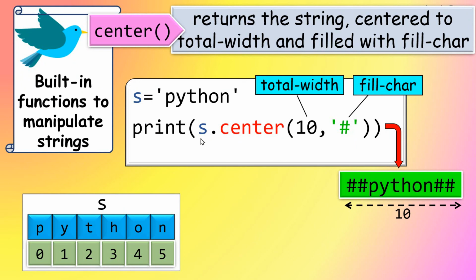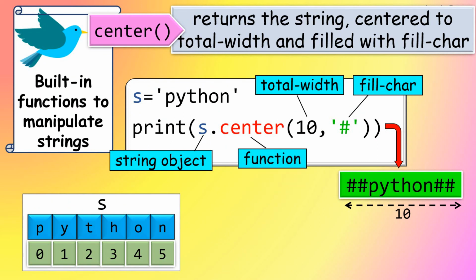First you have to write the string object, that is s, then the dot operator, followed by the center function. Within parentheses there are 2 parameters. First one is the total width, comma, second is the fill char. The fill character must be within quotes because it is a character constant. Character constants are enclosed within single quotes.